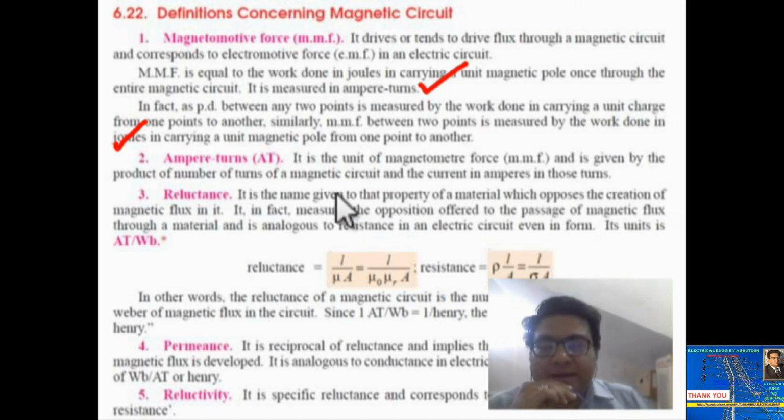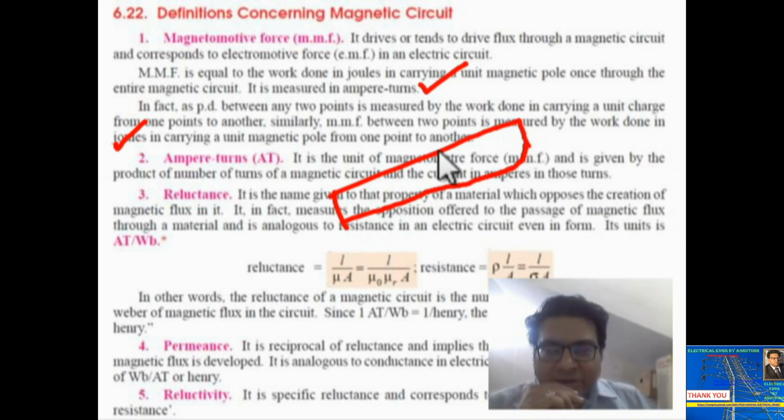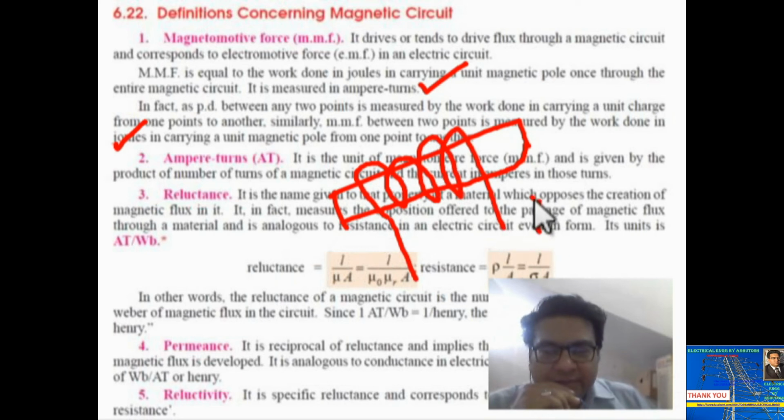So guys, ampere turn means, if this is considered a silicon steel iron core, and if you wind some windings of number of turns N on the core, there will be MMF. A force is created here, so you can write MMF.